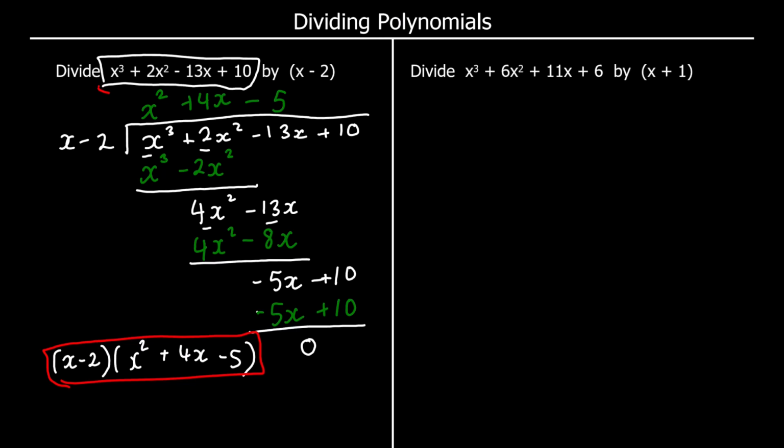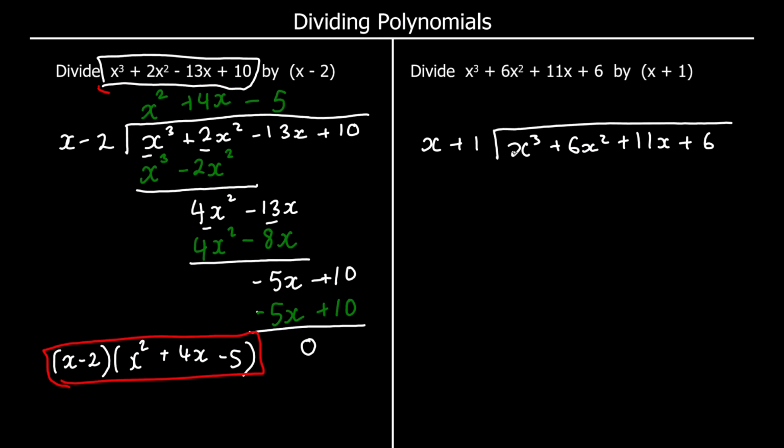One for you to try. So pause the video and give it a go. So we write x plus 1 on the outside. And then inside, we've got x cubed plus 6x squared plus 11x plus 6.